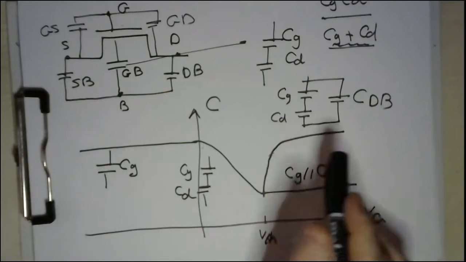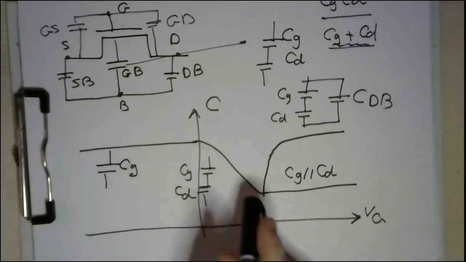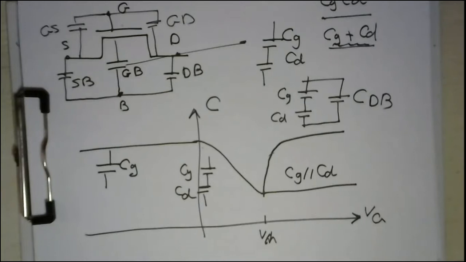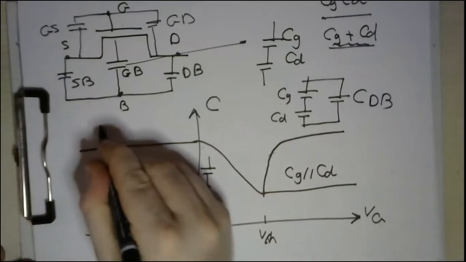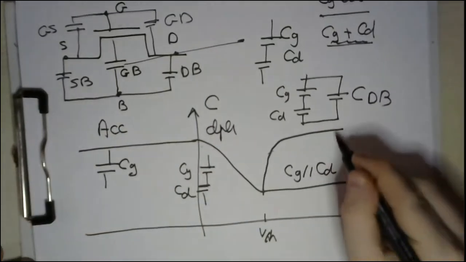So from this graph, you can study or investigate the difference of the CV curve by varying the gate voltage on your MOSFET device. As you can see, this is the accumulation region, this is the depletion region, and this is the inversion region.